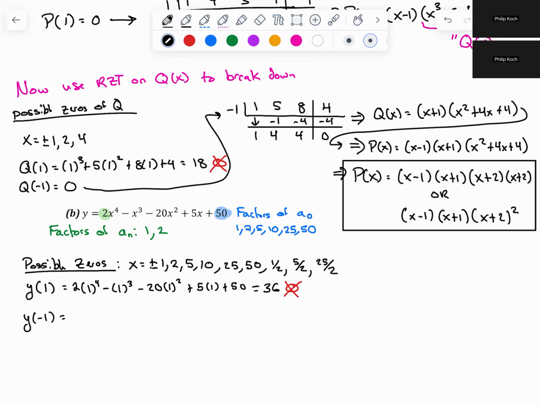Hope that works. And if it doesn't, the good news is this doesn't take too long to plug into the calculator. I get 28. So that's not going to work either. I'll try 2. So I have to delete the -1 and put in a 2.